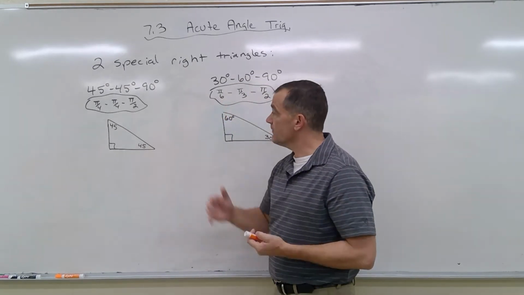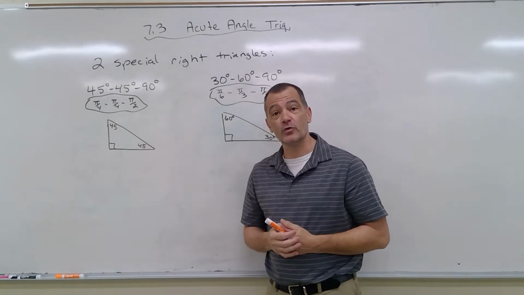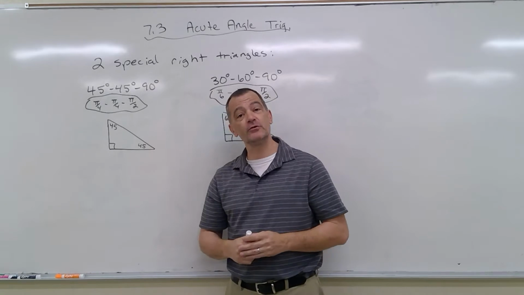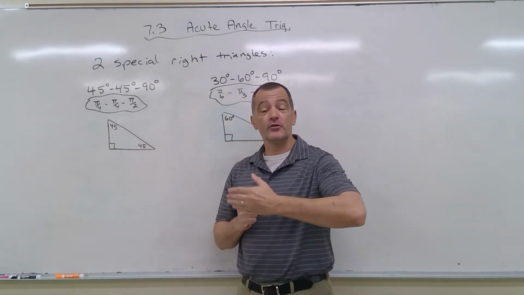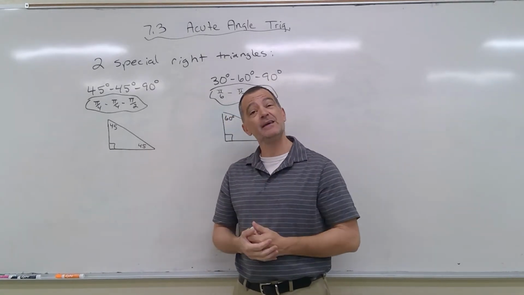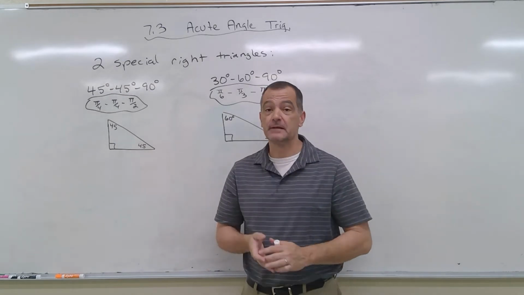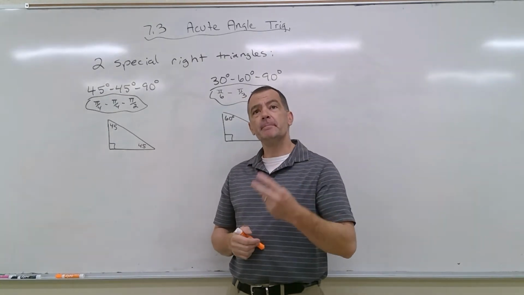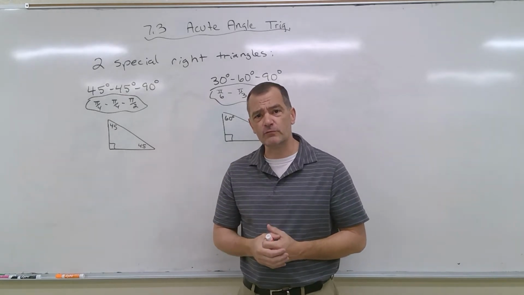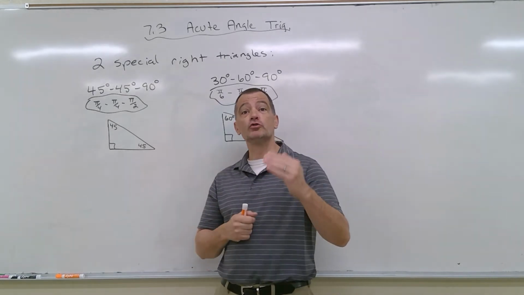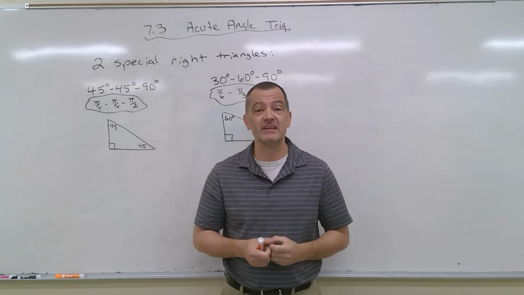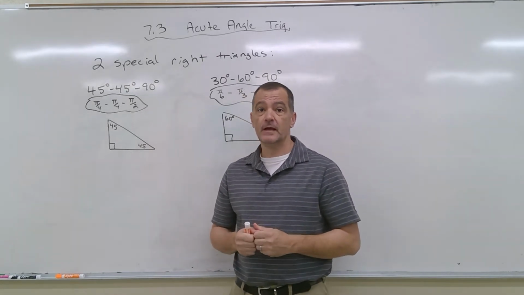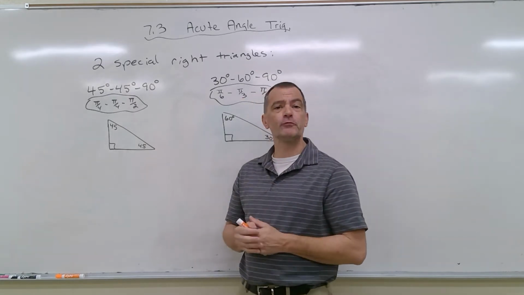For example, every single 45-45-90-degree triangle that exists in the universe is similar to the others by the angle-angle similarity postulate. You might not remember that, but basically, if two angles of one triangle are congruent to two angles of another triangle, then those two triangles are similar: same shape, but they may differ in size.